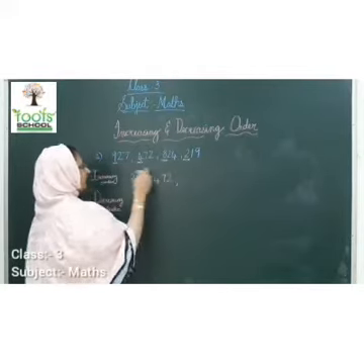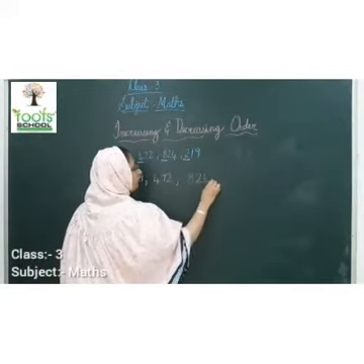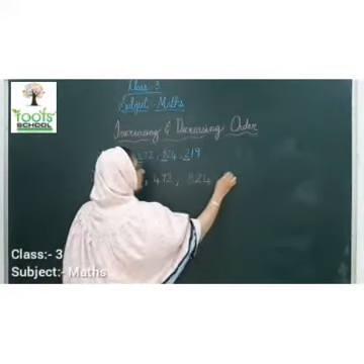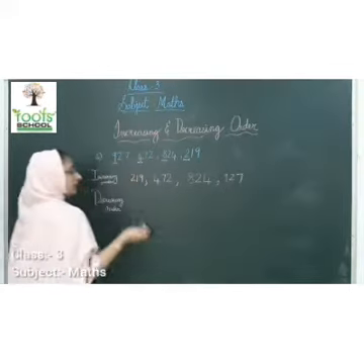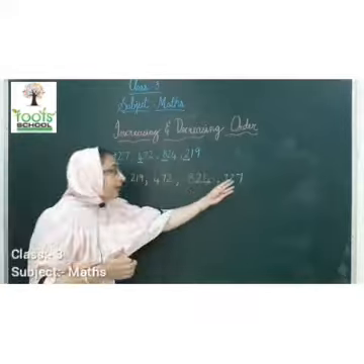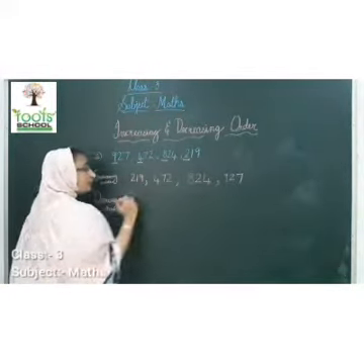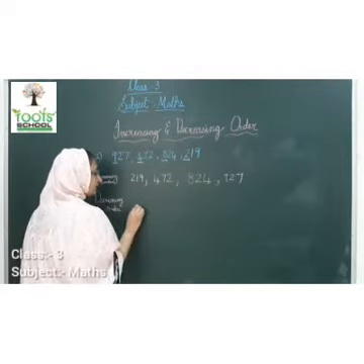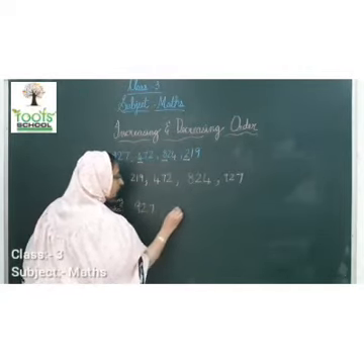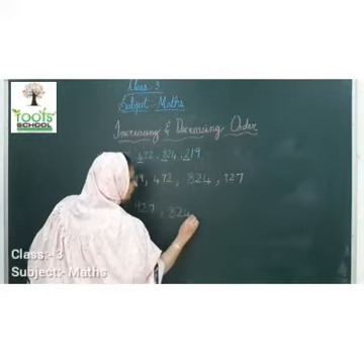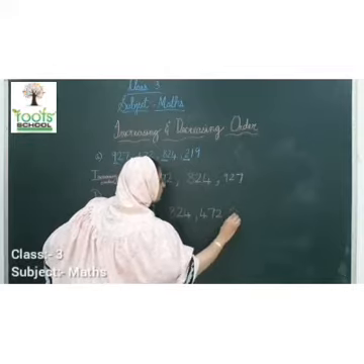After this 8: 824. And in the last it is 9: 927. Now decreasing is from big to small. So you have to write the reverse of increasing, which is 927, 824, 472 and 219.